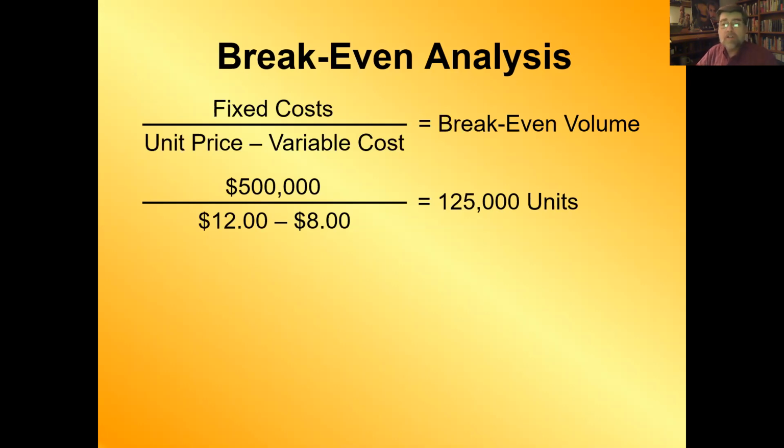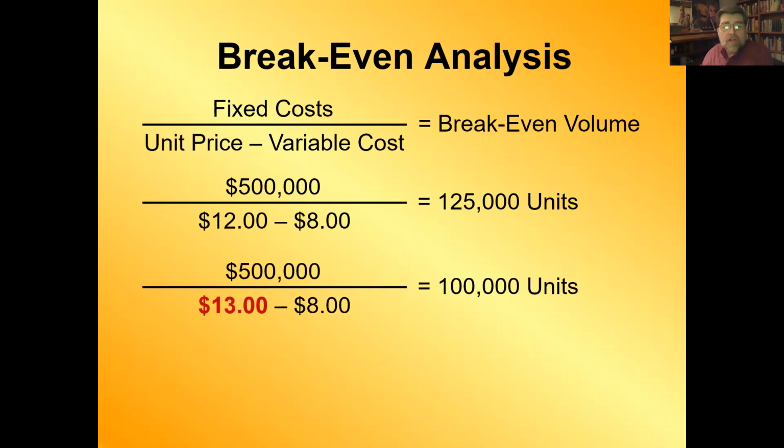Now that might be good, it might be bad, I don't know. But let's say somebody says, I really want to break even faster than that. What can we do about that? Well, the simplest thing to do is simply to raise the price. So let's just try raising the price by $1 and see what happens.